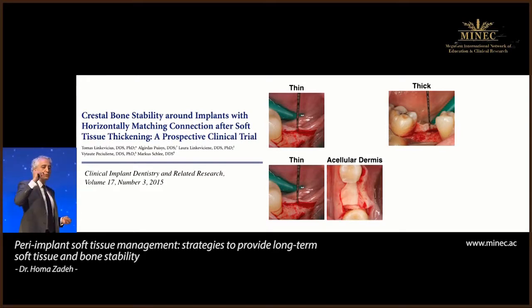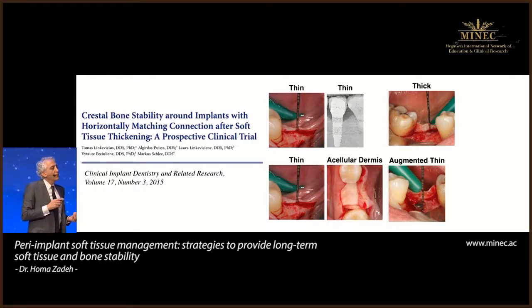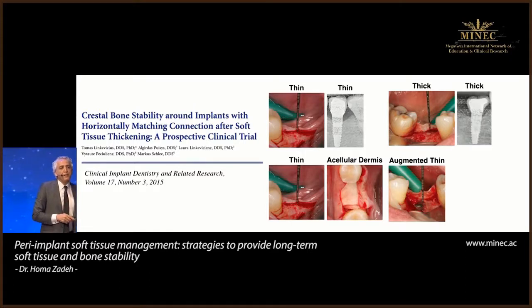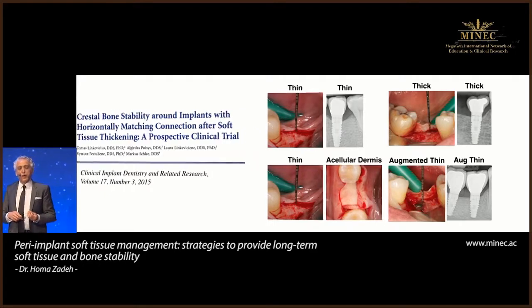The allograft was able to augment the mucosa and make it thicker without adding surface keratinization. They just simply increased the mucosal thickness. So what they looked at was the effect on the bone. So they compared these three groups in terms of their bone response.